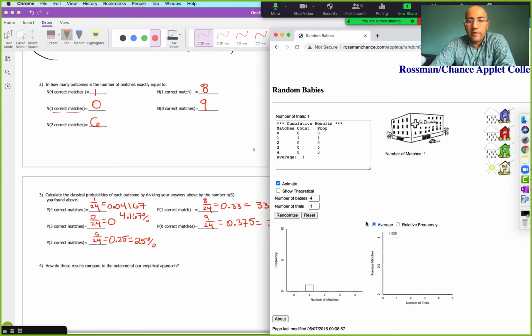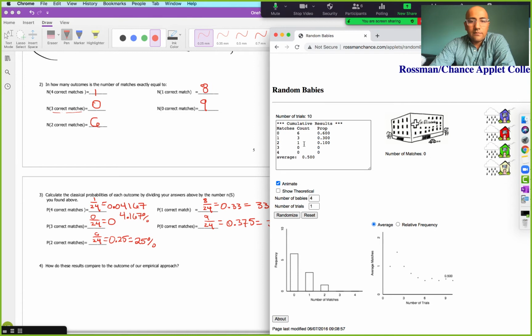So we repeat the experiment, and let's say we do it 10 times. Okay, so I jumped a little. There go the babies. Okay, so we did it 10 times.